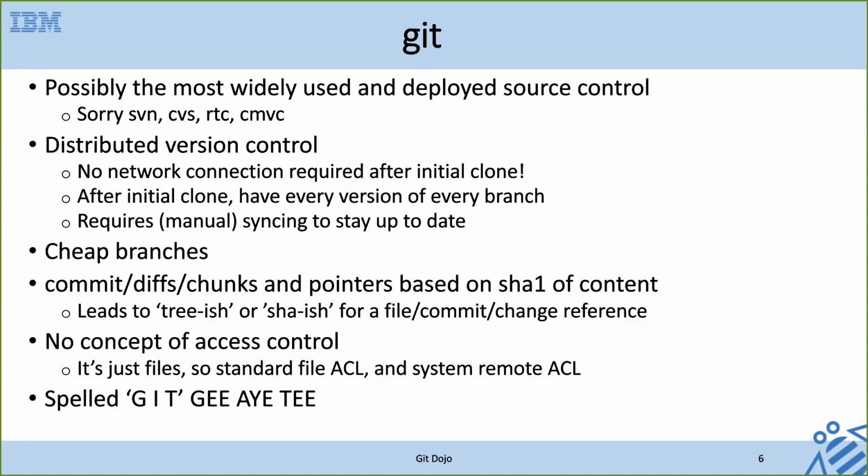The biggest thing at the time, it's not new anymore, was distributed version control. And what does that mean? It's unlike SVN, where there's a server that has all the versions on it, and you ask for a version and it plops it down locally on your disk. With Git, you have everything available locally that existed at the time of your initial contact with the server, your initial clone.